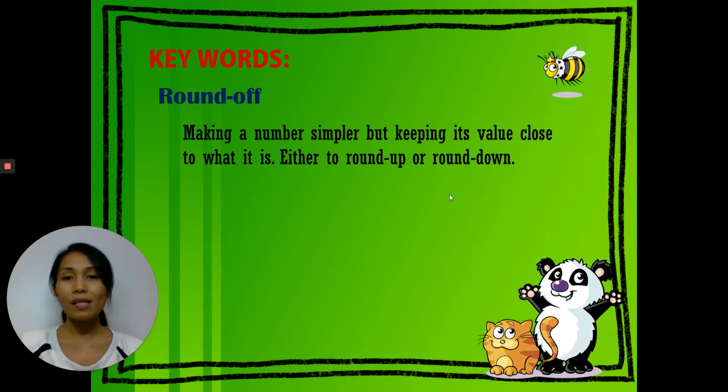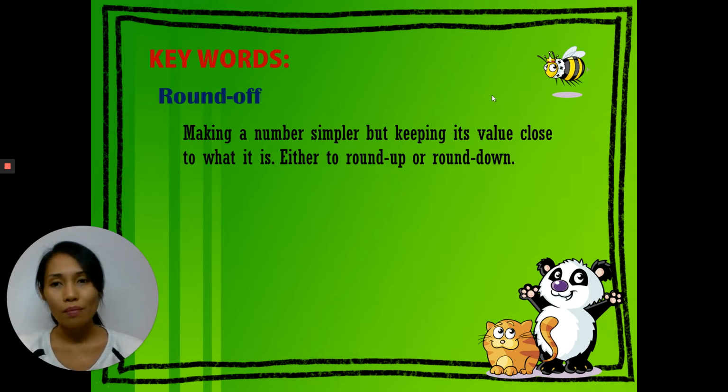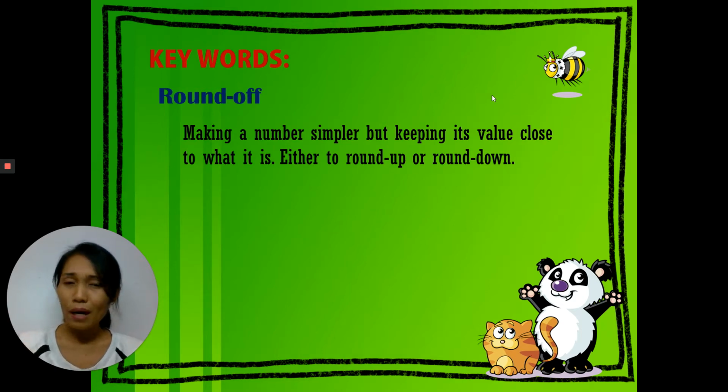That means we'll make the number simpler to add, simpler to multiply, simpler to think, simpler to calculate and more. That's the reason we round off numbers. If you cannot understand yet what I'm talking about, we will discuss this further later on.